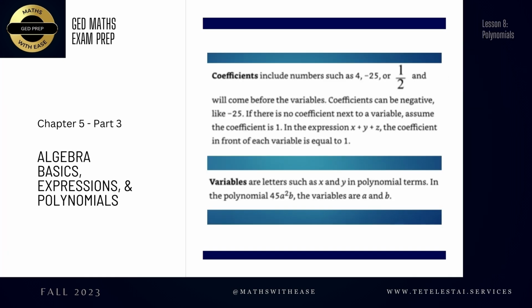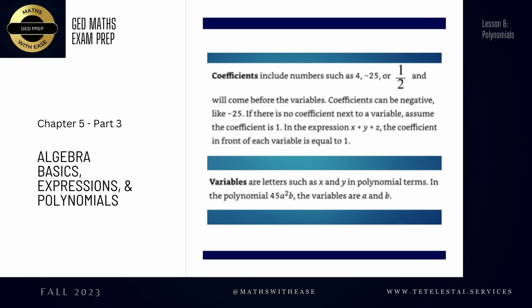A coefficient includes a number such as 4, -5, or even 1/2, and it'll always come before the variable. So you'll always see like 4x or 4x plus y. With y, understand that the coefficient is 1. Coefficients can either be negative, like -25, or obviously they can be positive.